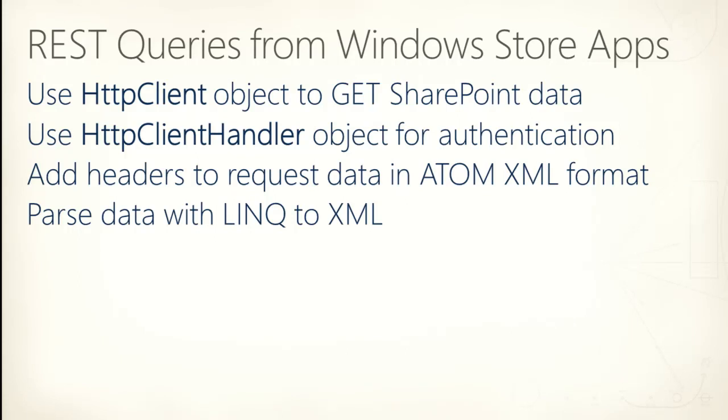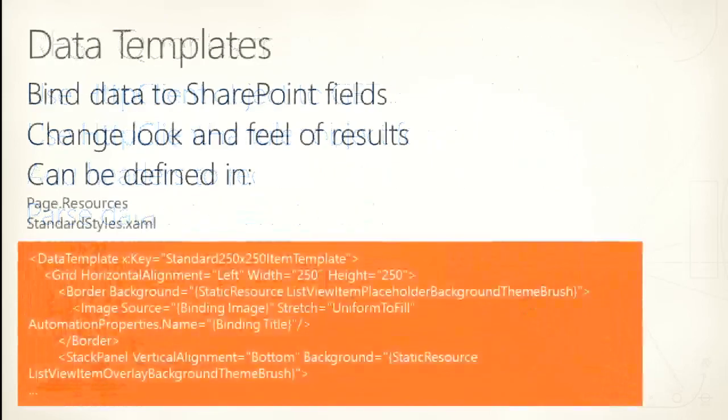If you don't use this with the HttpClient class, you won't be able to authenticate and you'll get access denied. This is where you specify either default credentials to use the credentials of the current user, or you can actually specify other credentials as well. Then we add headers to request the data in the Atom XML format, so you tell it XML or JSON, and then we're going to parse that data with LINQ to XML.